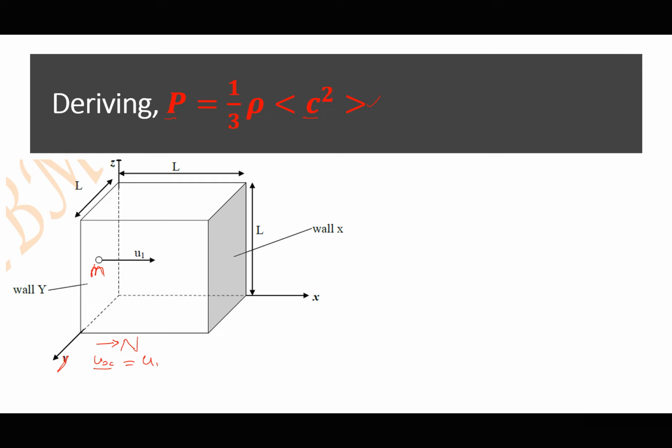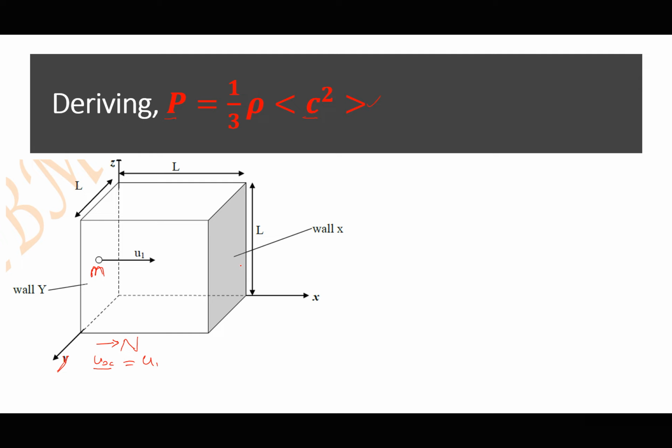So the molecule is moving towards wall X, leaving wall Y. Note that when the molecule collides with wall X, it will reverse the direction of its momentum after colliding with the wall. Remember, we have said the motion is perfectly elastic from the first assumption that the molecules behave as hard, identical, perfectly elastic particles.